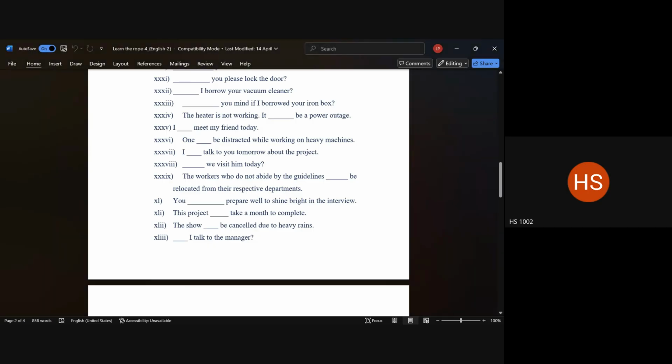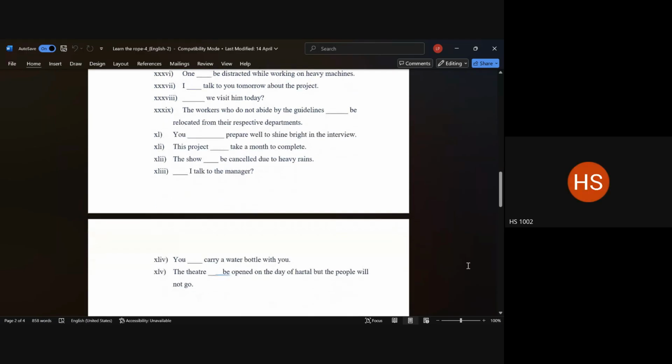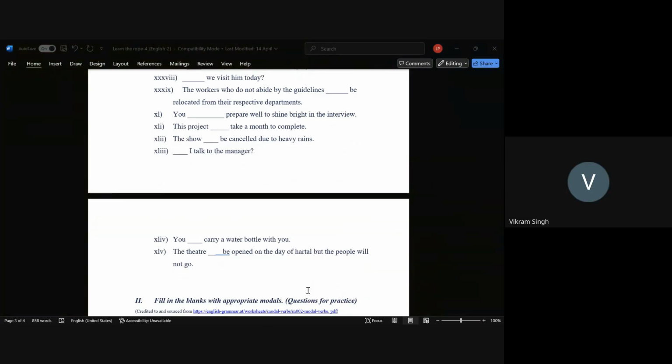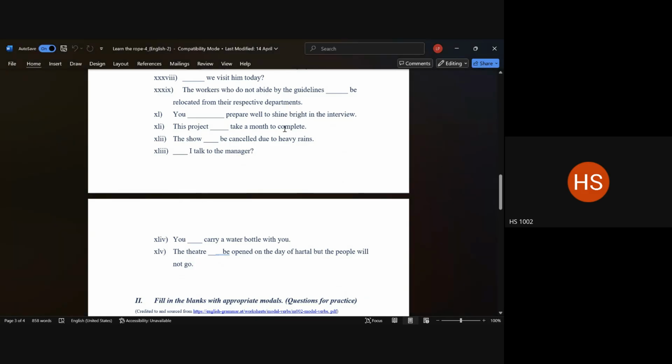Then next one, this project dash take a month to complete. Could. Could take a month to complete, yes. Can. Might. Can take a month. Okay, can, possibility indicator, yes. Possibly, yes. May and might, yes, correct. Need to?